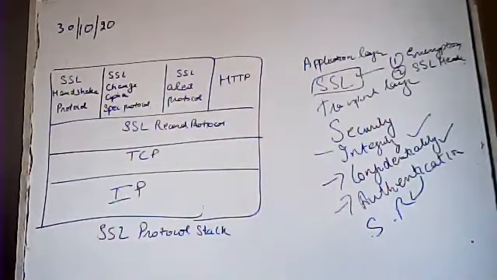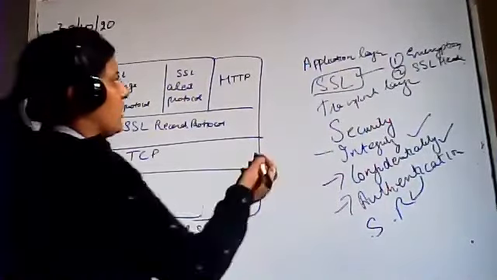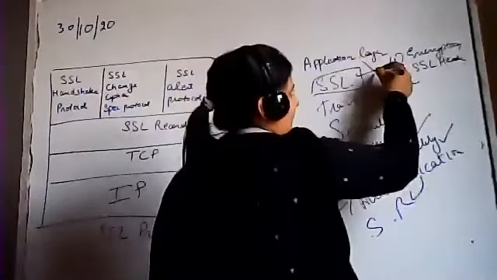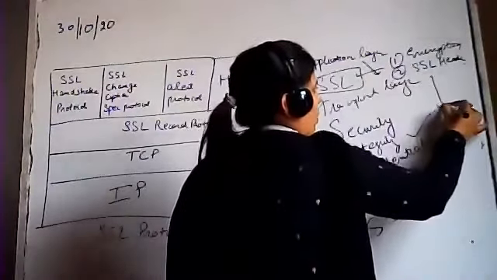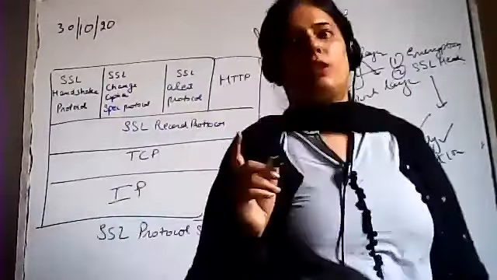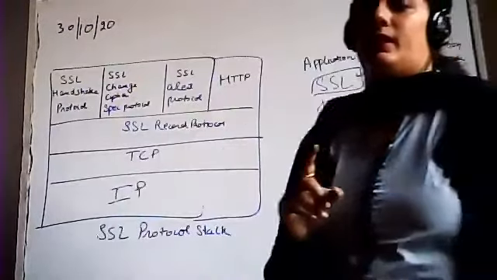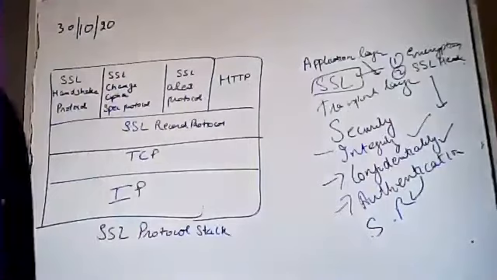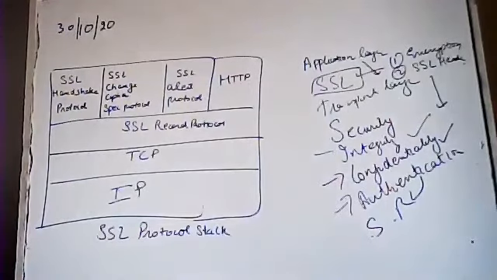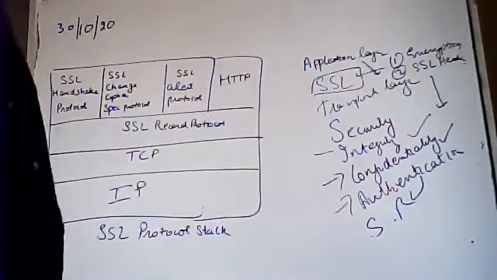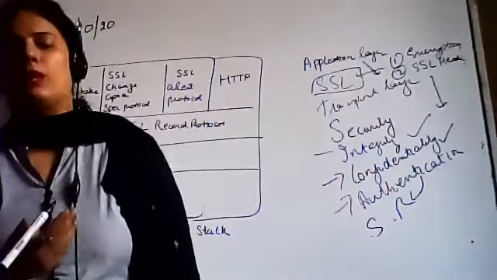Now, what will happen at the receiver end? That was while sending the data; what will happen at the receiver end? First of all, the transport layer will receive the header format. It will remove that SSL header part and then decrypt the encrypted data. Then the message will be given to the application layer at the receiver end. So this is the way we can transfer that particular data.